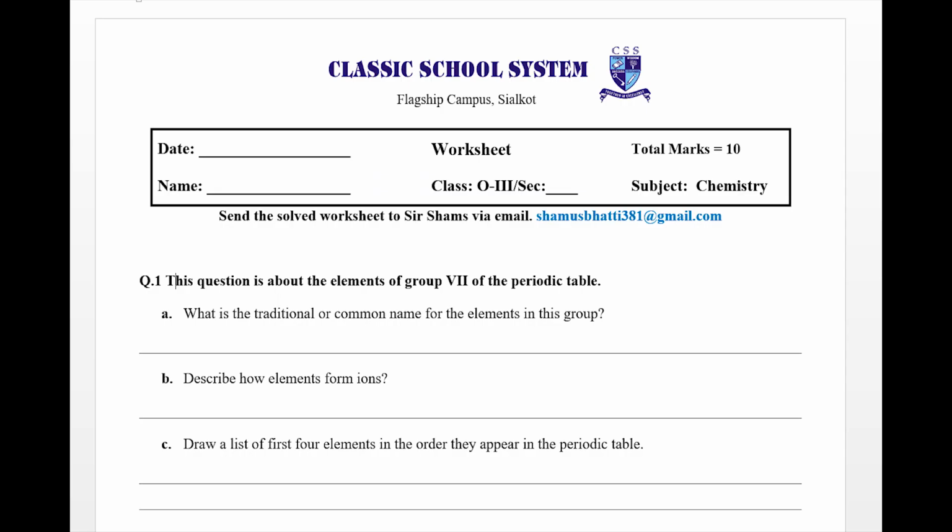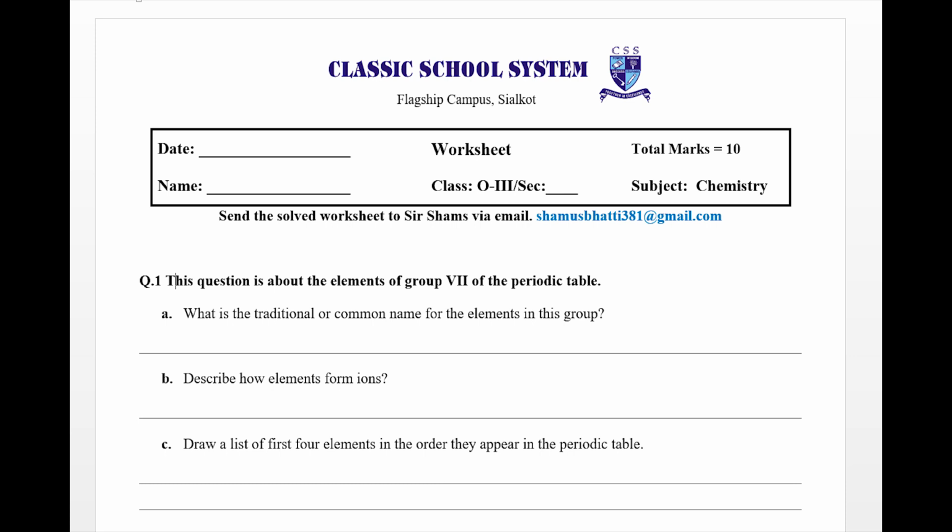When you open this worksheet, you can see there is a header like your monthly assessments, there are questions, and there is space for your answers. You must solve this worksheet, and once you have answered your questions, then as you can see under the box of your details, send the solved worksheet to sessions via email.